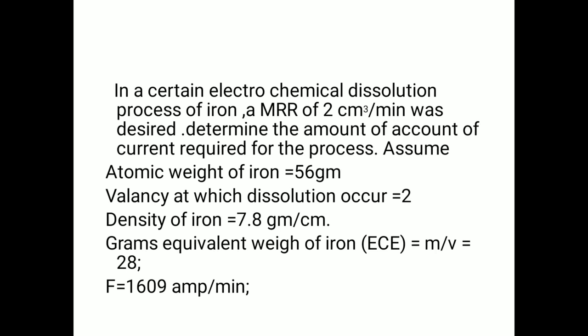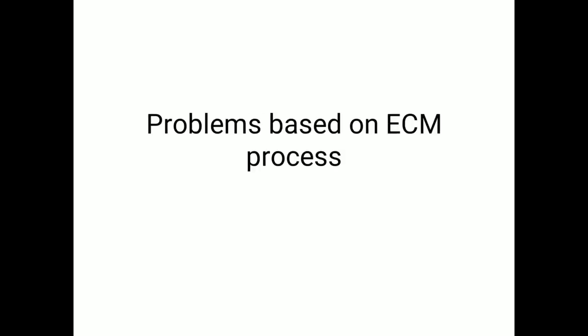Assume atomic weight of iron is equal to 56 grams. Valency at which dissolution occurs is equal to 2, that is Z in our notation. And density of iron is 7.8 gram per centimeter cube.